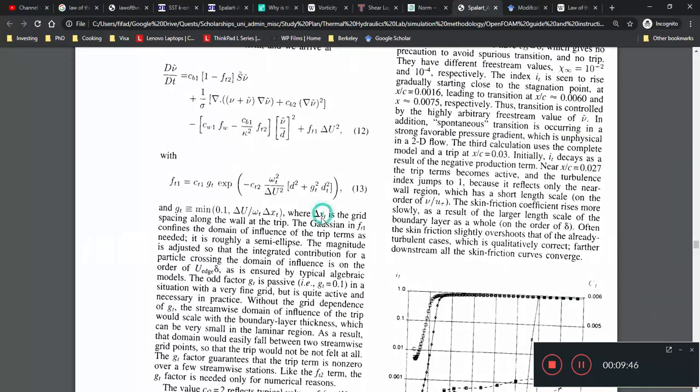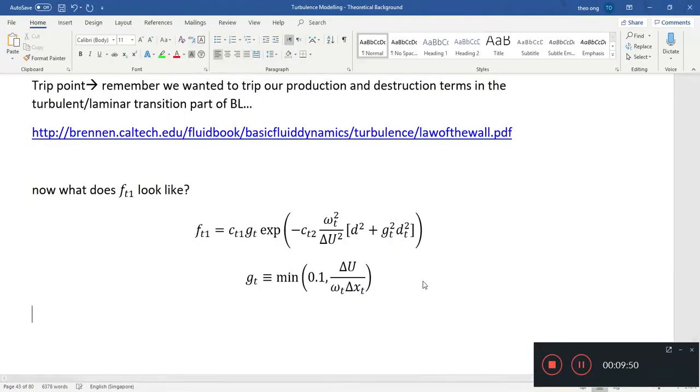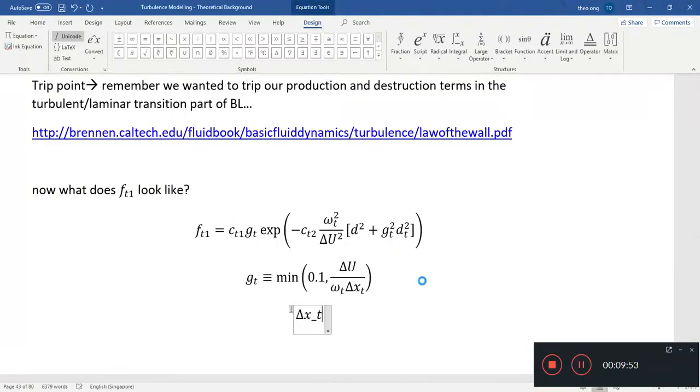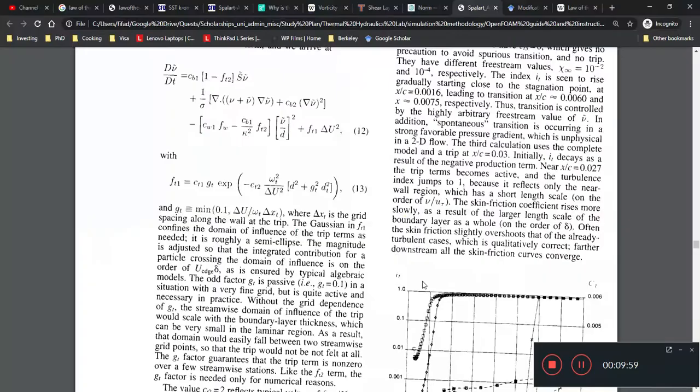So what is delta xt? Delta xt is the grid spacing along the wall at trip. So delta xt equals grid spacing along wall at trip. I'll just leave it as it is, not going to explain too much there.